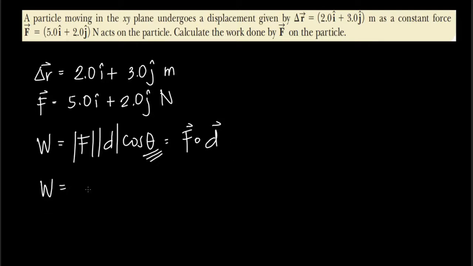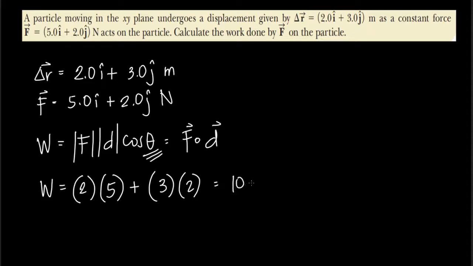Okay. So, for the dot product, remember, we multiply the two i's or x components. So, that is 2 times 5. And then, add that to the two y components, which are 3 and 2. So, that's 10 plus 6 or 16 Newton meters.